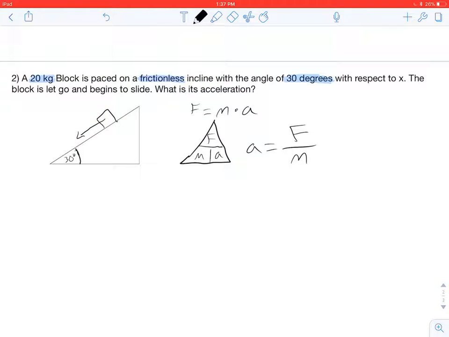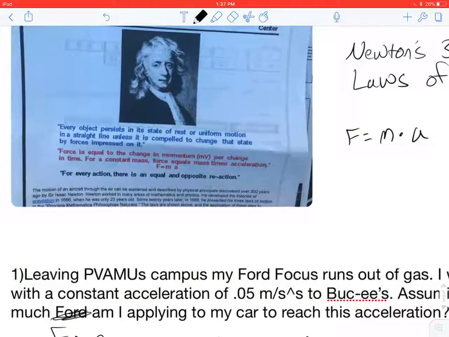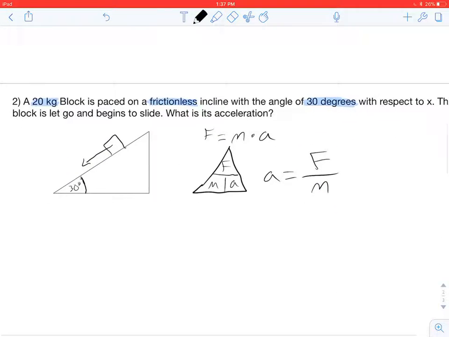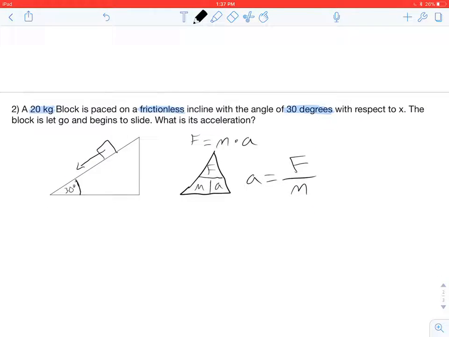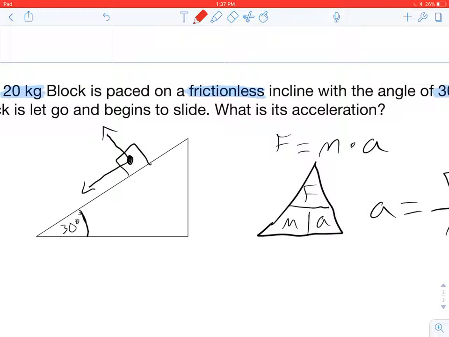Okay, so looking at Newton's third law, to every action there's an equal and opposite reaction. We're going to know that perpendicular to this plane there's an opposite reaction, and that would be the normal force.